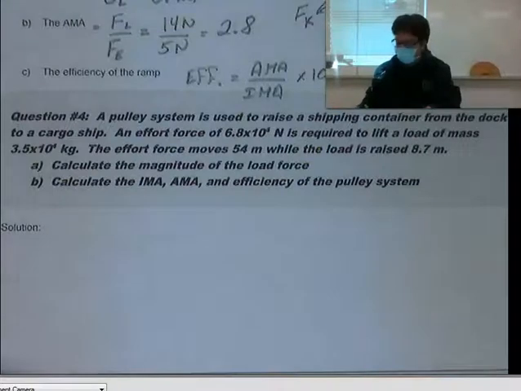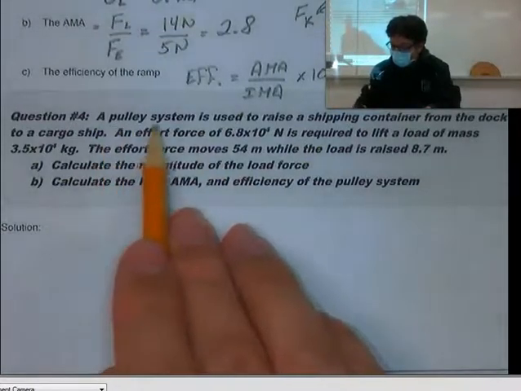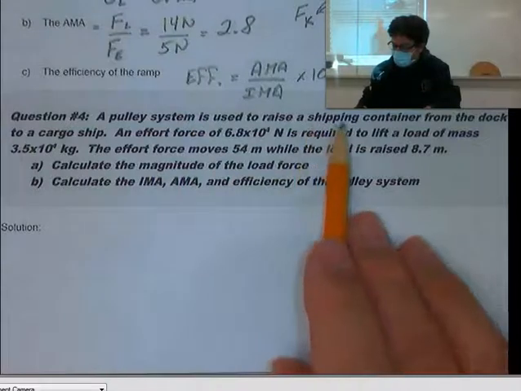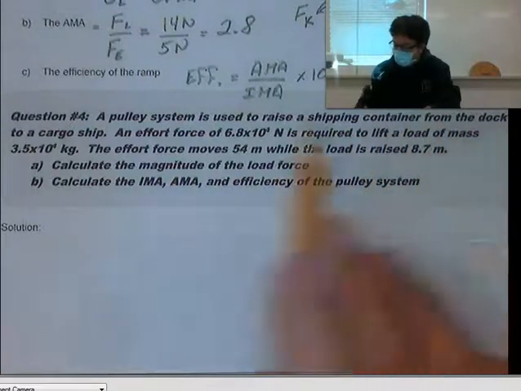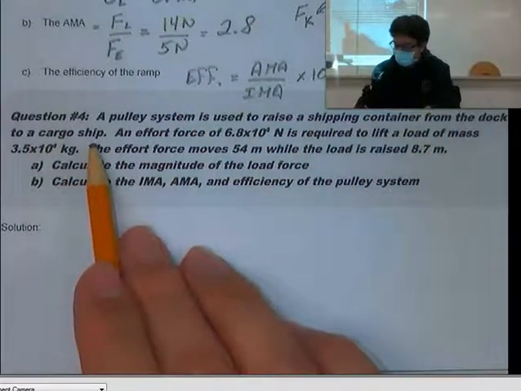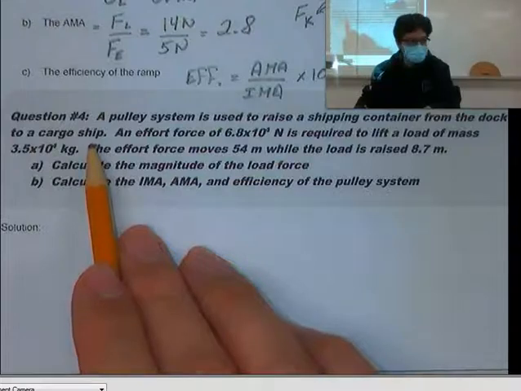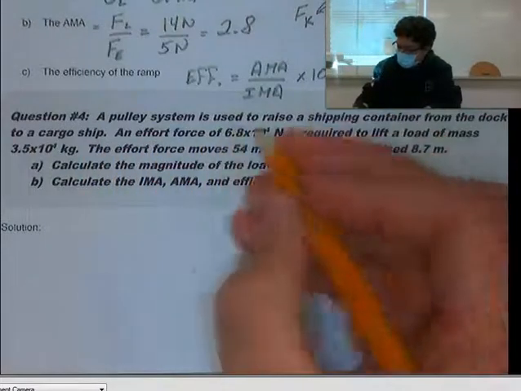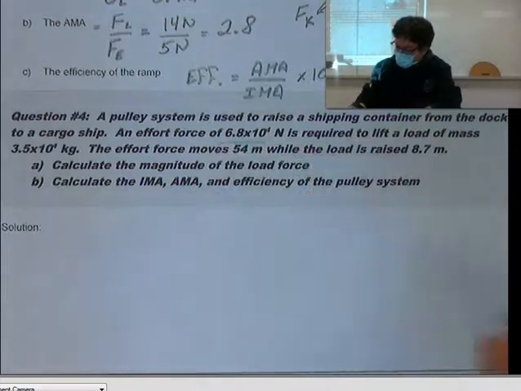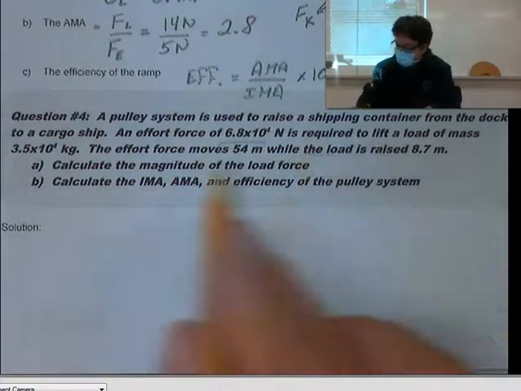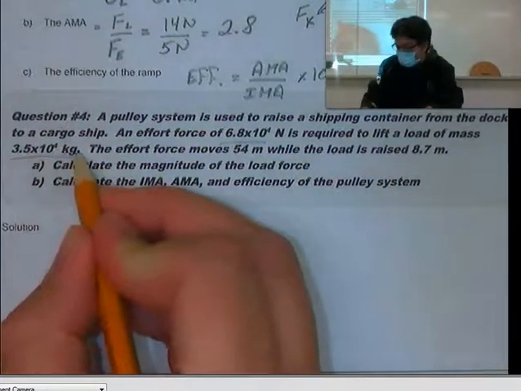All right, for our last question, we have a pulley system being used to raise a shipping container from the dock to a cargo ship. So a pulley system raising something straight up. Here's our effort force, and it's required to lift a mass of this. Now, this is very tricky.